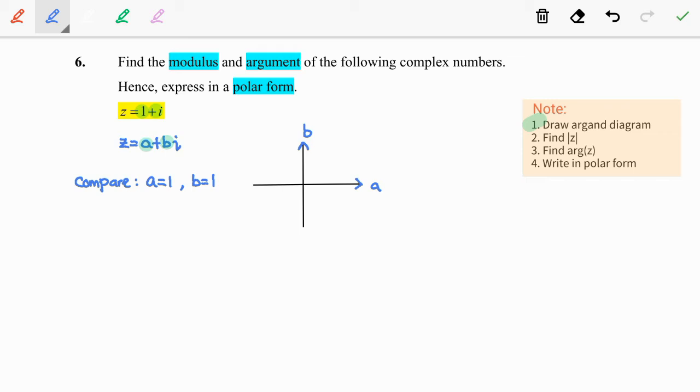So, in this case, the point (1, 1) is located in the first quadrant.